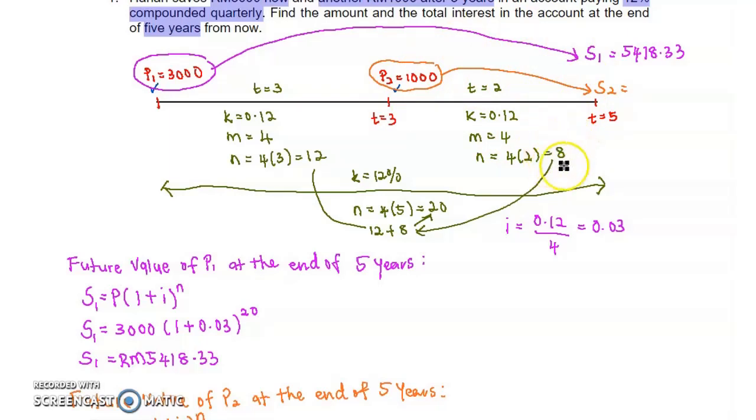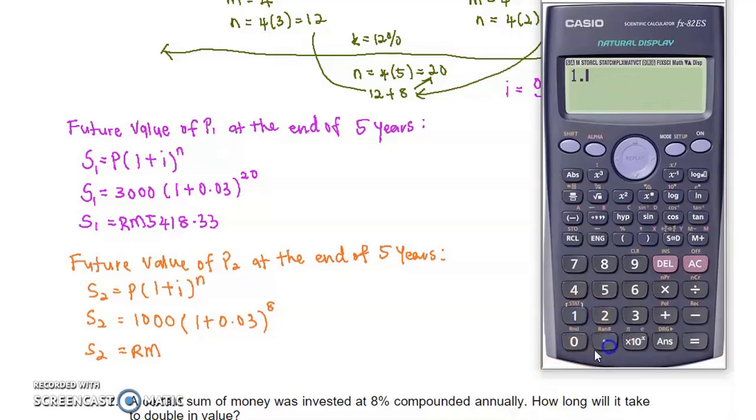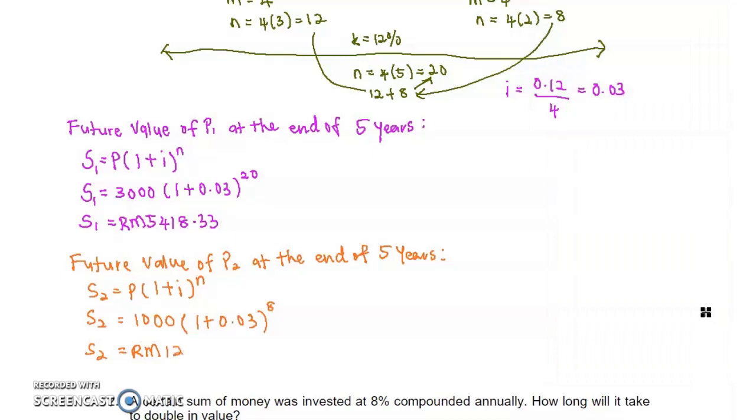So if 2 years, how many times do we calculate the interest? 8 times only. So here n equal to 8. So S2 is 1266.77.